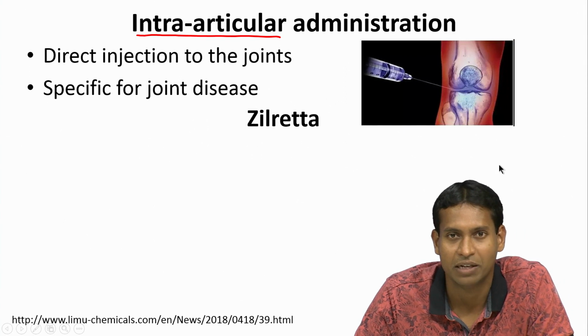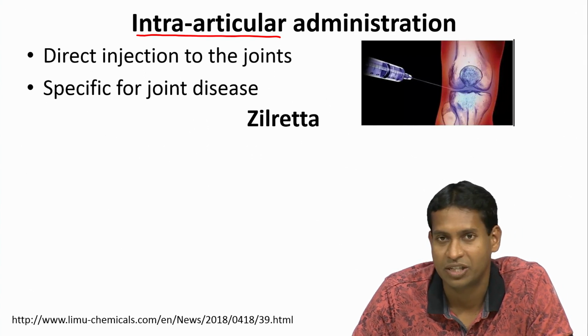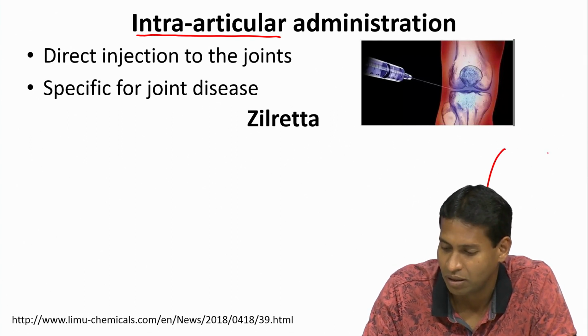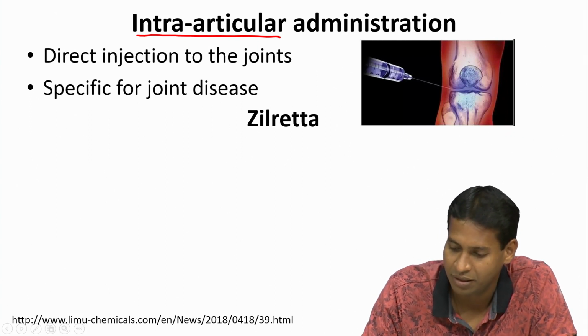So, again you can inject quite a lot of things in the joint, but the joint also suffers from a similar challenge, that it has a good lymphatic system. So, if I actually expand on the joint capsule, let me just draw a joint.